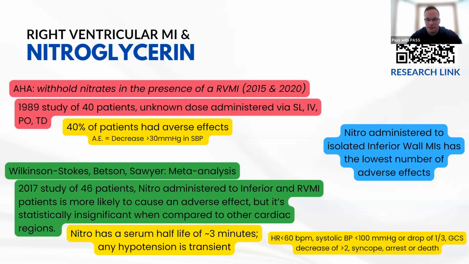What these studies found was inferior wall MIs alone, isolated inferior wall MIs, so occlusions down the posterior descending artery, those types of MIs actually do the best with nitro. So the patients who will benefit the greatest and have the lowest number of adverse effects from nitroglycerin, sometimes those patients don't get it at all because of a fear of right-sided involvement. So it's definitely something to keep in mind and think about as we start to see these patients in the field.